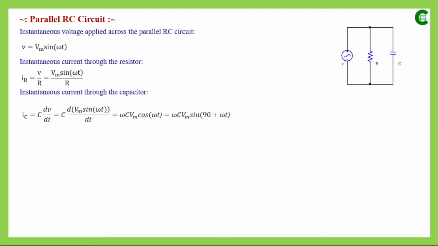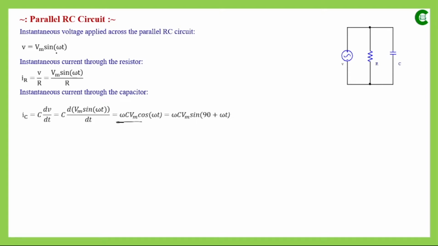As we have already seen multiple times in previous classes, IC equals C dV by dt. In place of V, we put Vm sin omega t and differentiate once, and by the rule of differentiation it will be omega C Vm cos omega t, where Vm is the peak or maximum value of the applied voltage.